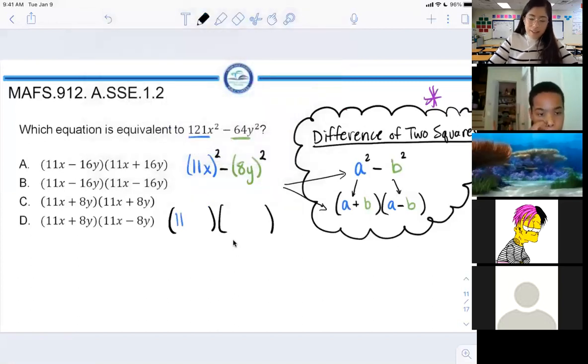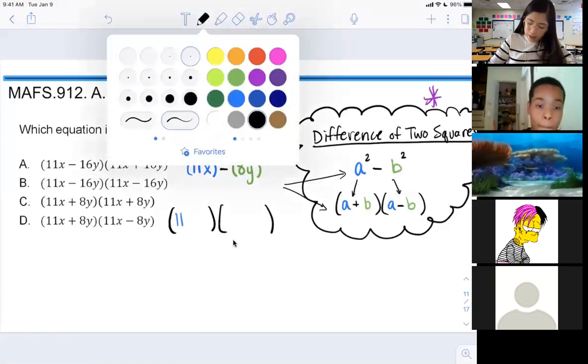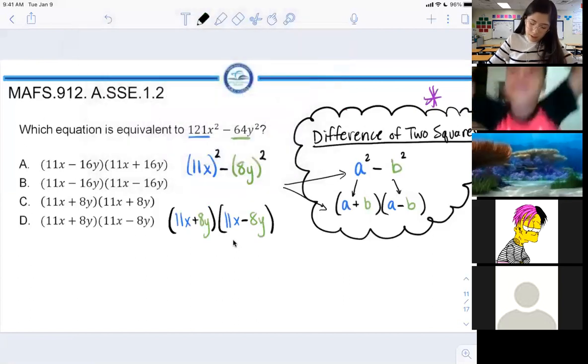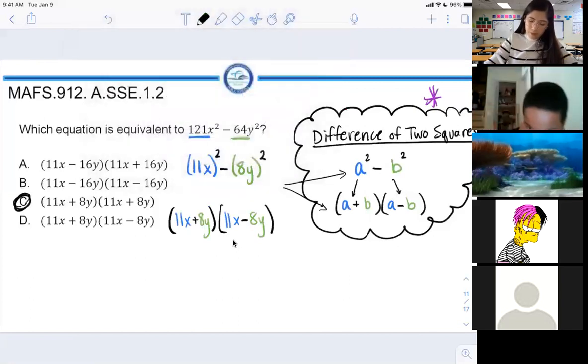No, 11x, yeah. So it'd be 11x plus 8y and 11x minus 8y, which is answer choice C. No, D, sorry.